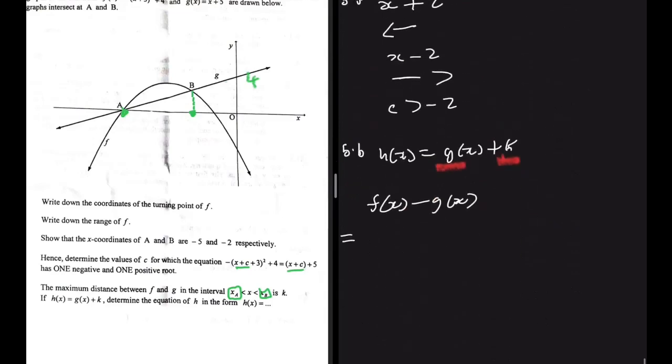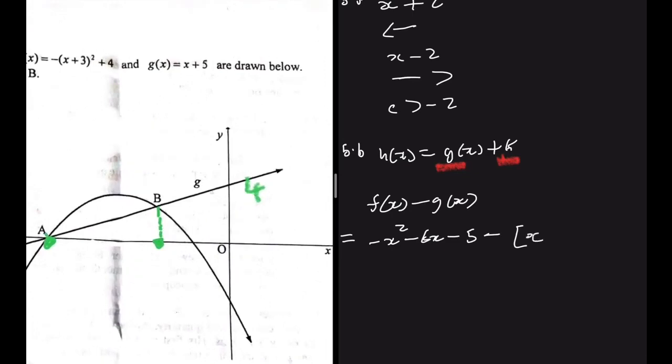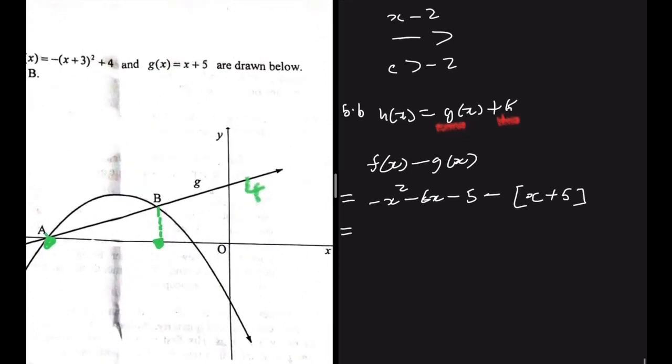We have minus x squared minus 6x minus 5, and then we're subtracting g of x, which is x plus 5. So we're going to have minus x squared minus 7x minus 10. This is the equation for the distance between the two graphs.